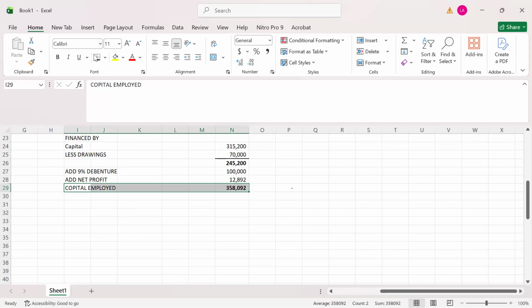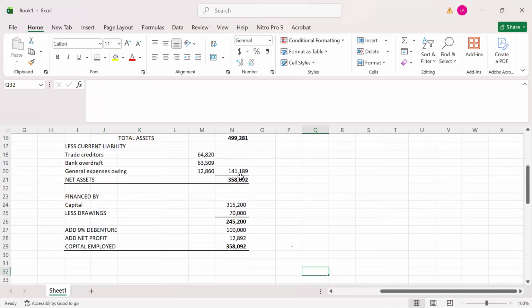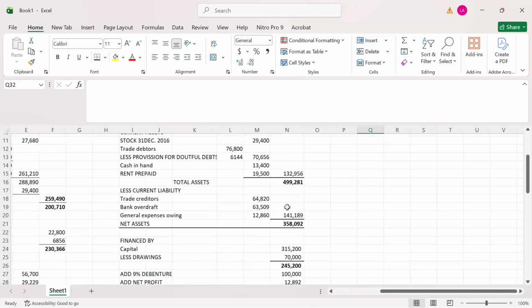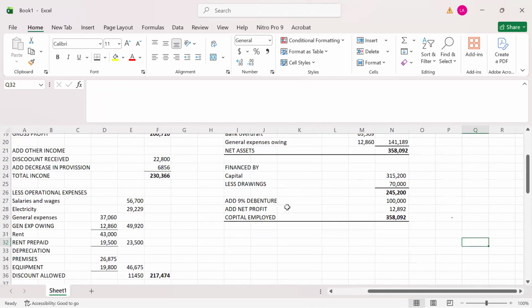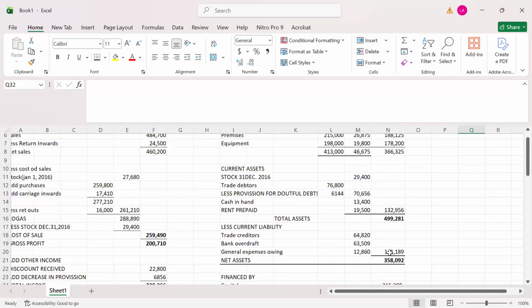So you see that this is equal to this. It means it has balance. So, this is what we were expected to do. Is that okay? Any question? Any question about it?